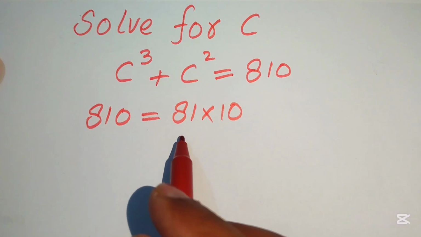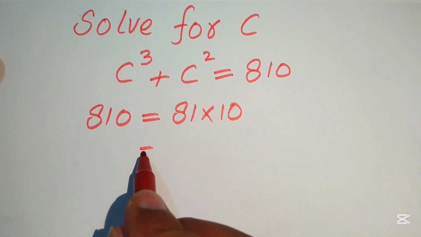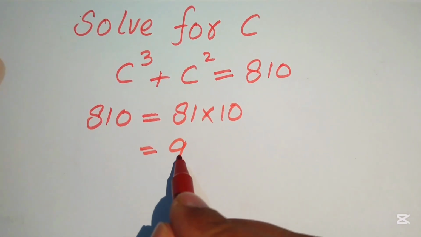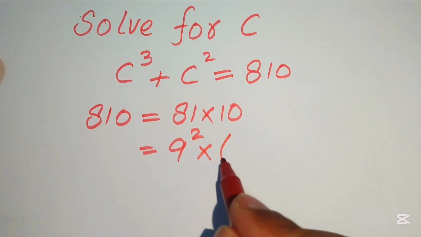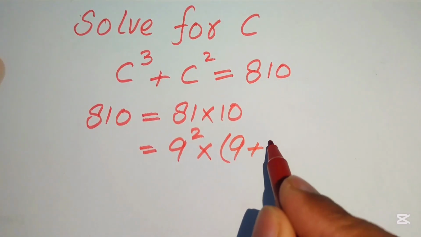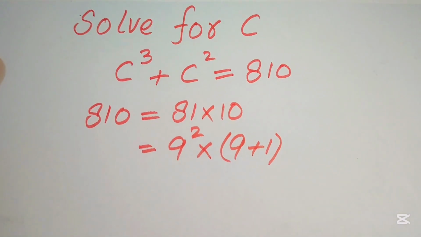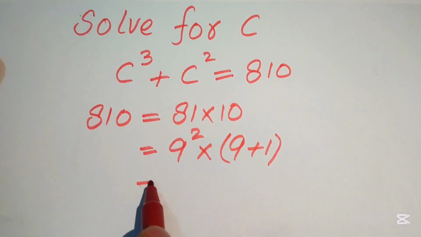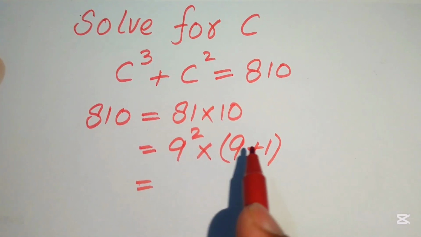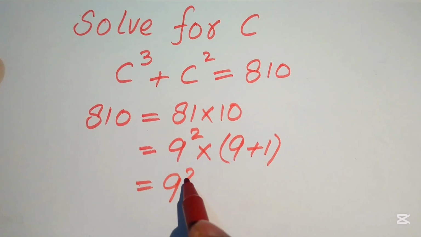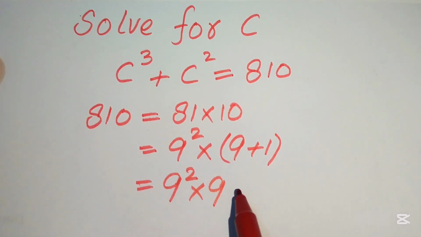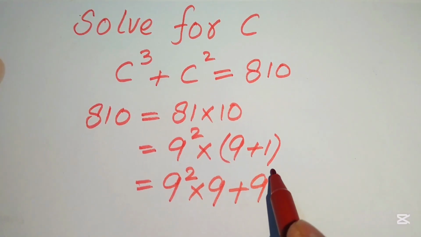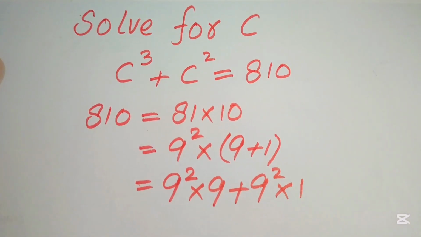After this step, we write 81 as 9 square multiplied by, and we write 10 as 9 plus 1. Further, we multiply this 9 square on both of these terms, and it will be written as 9 square multiplied by 9 plus 9 square multiplied by 1.